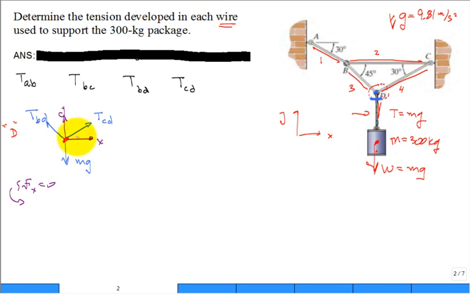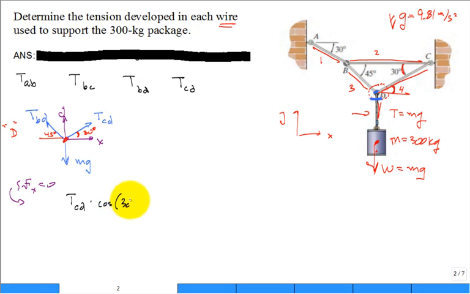Okay, probably I should have moved over some angles. What is this angle right here? Isn't it the same as this 30 degrees? Isn't that 30 degrees? And what is this angle right here? 45 degrees. Okay, so now I have my 2 angles that I need. And now I can represent some of the forces in the X. So it'll be the tension in C to D times the sine, no, not the sine, cosine, isn't it?